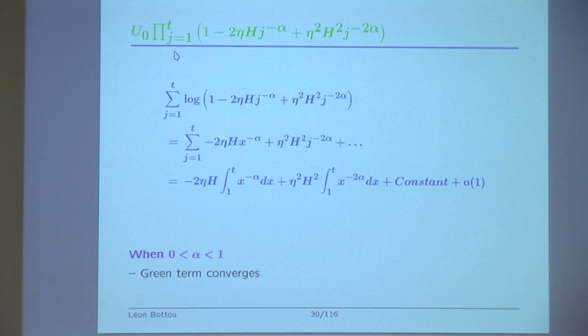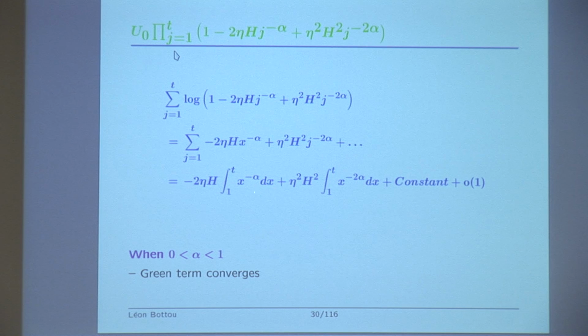So minus 2 eta h sum of j equals 1 to t of j to the minus alpha, I'm going to say it's the integral from 1 to t of x to the minus alpha dx. The same for this one. And then I have a constant because, in fact, I should bracket the terms between two integrals, the lower integral and the upper integral, plus something that goes to 0.